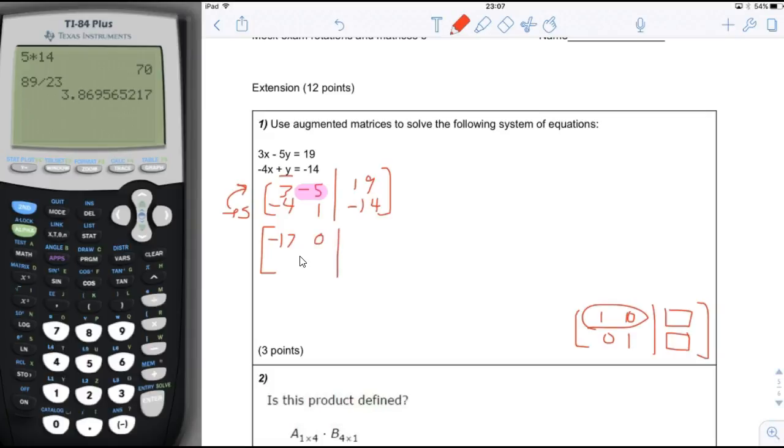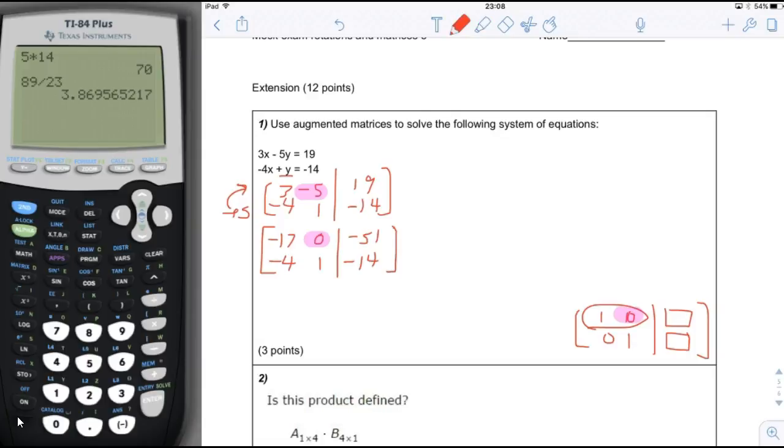Positive 5 times negative 14 is negative 70, and I'm going to add it to 19. That gives me negative 51. In the bottom row, I'm going to have negative 4, 1, and negative 14. I didn't change that yet. So that's good progress. We got a 0 here, which is exactly what we wanted.